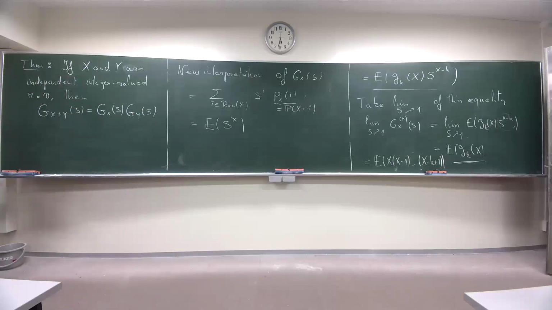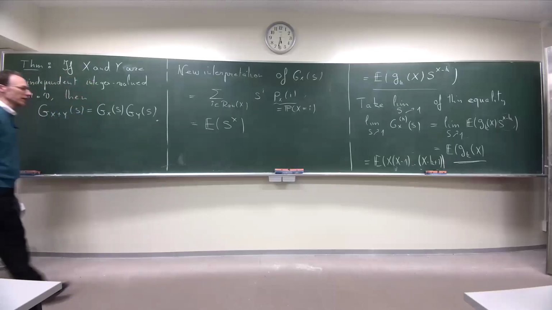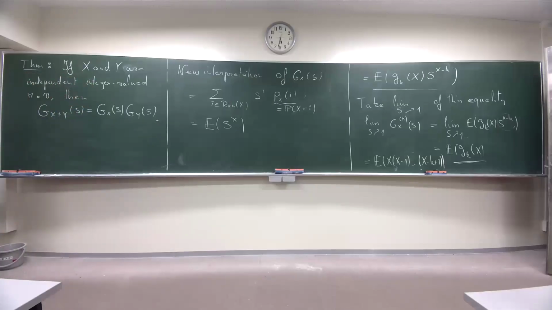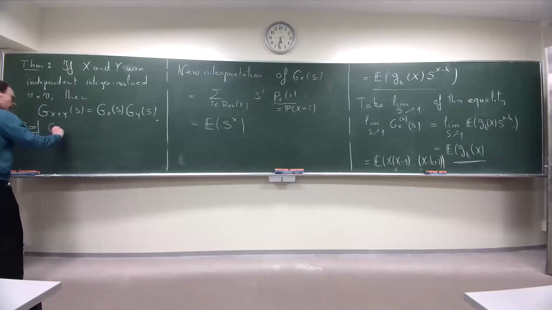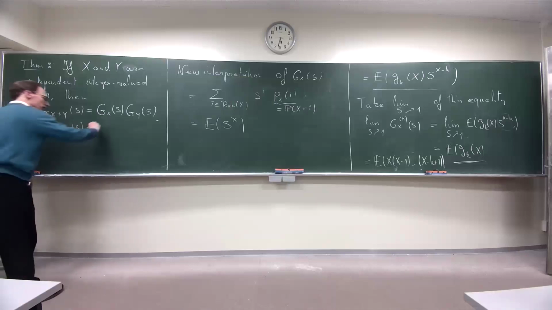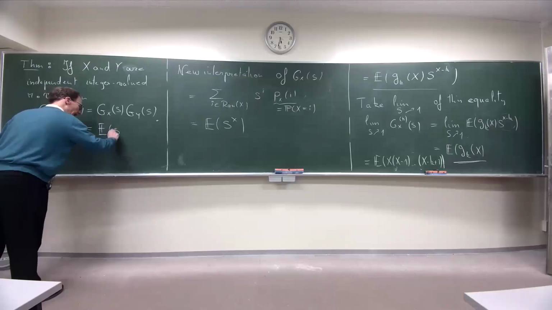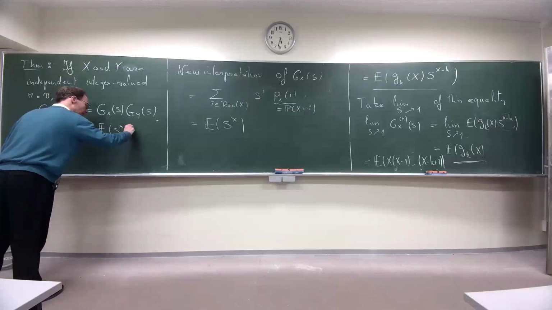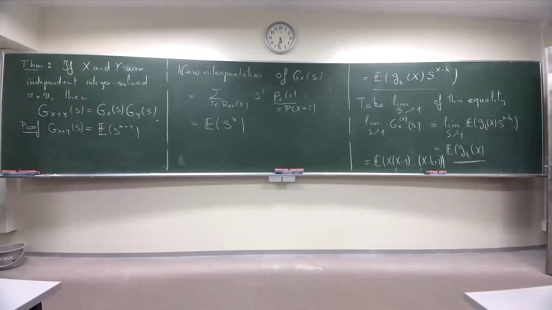And the claim is that this is very easy to prove. So let's check. Look, g of x plus y evaluated at s is nothing but the expectation of s power x plus y. Now this is with this interpretation.